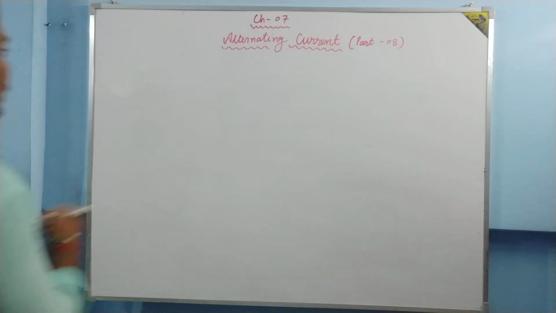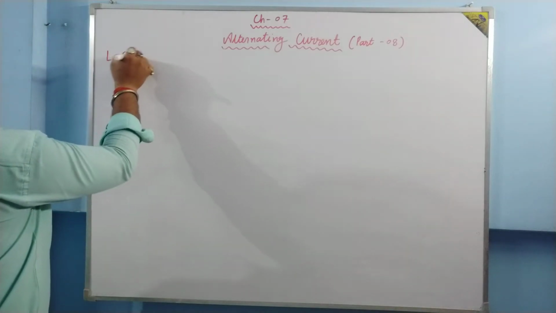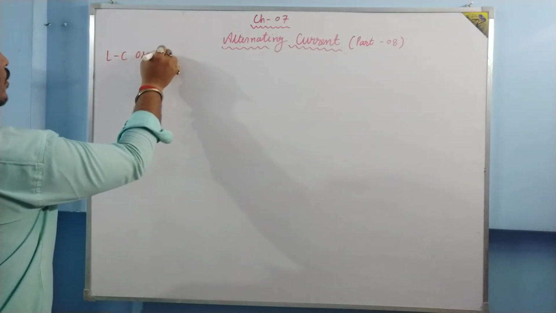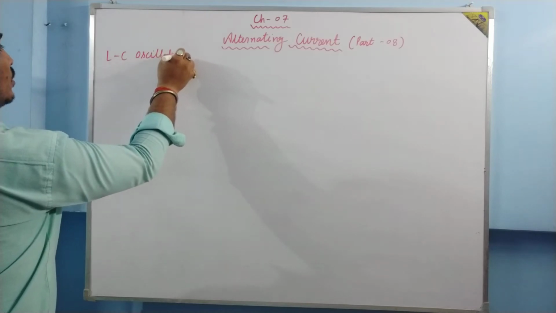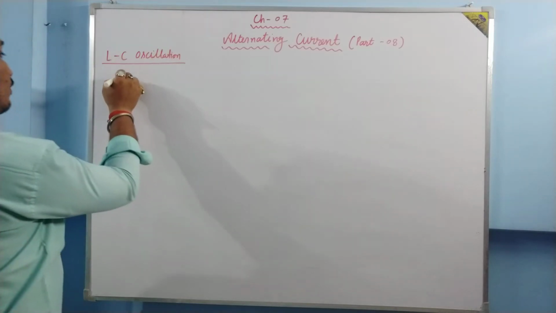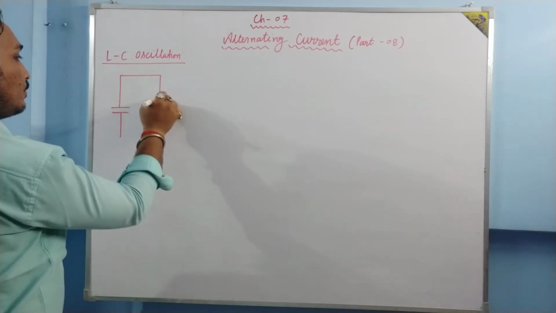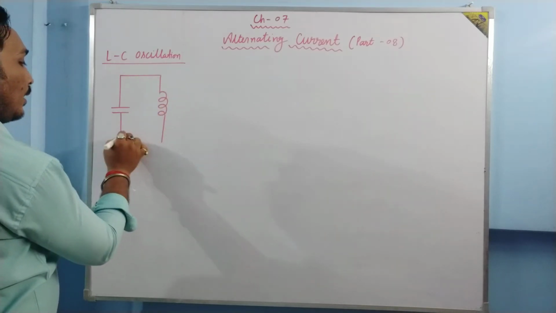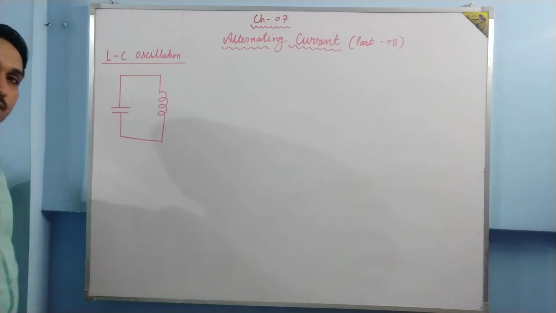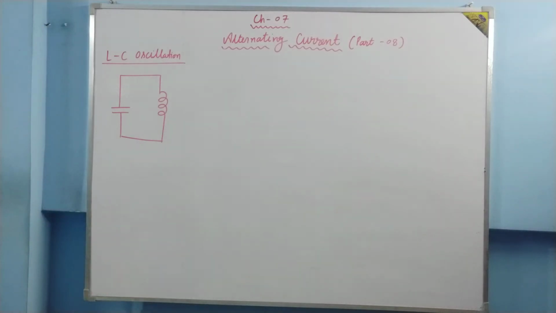So let us start LC oscillations. This is a circuit, a combination of a capacitor and an inductor. The capacitor is initially given a charge, and that charge starts discharging.